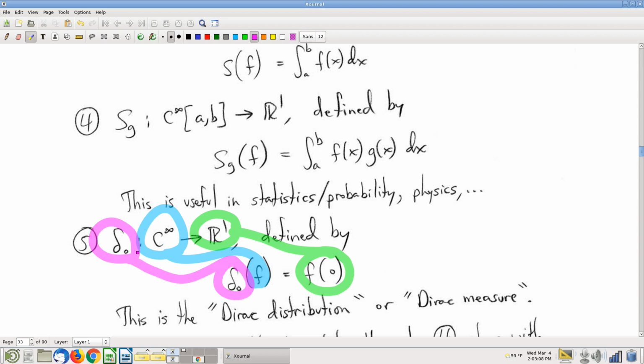This thing, delta naught, takes as its input a function and gives as its output a value. So it seems a little weird, but the act of plugging in x equals 0 is a linear transformation. Exercise for y'all to confirm that it is. Same structure of the argument as the several examples that we've already done. And it's just a matter of confirming it.